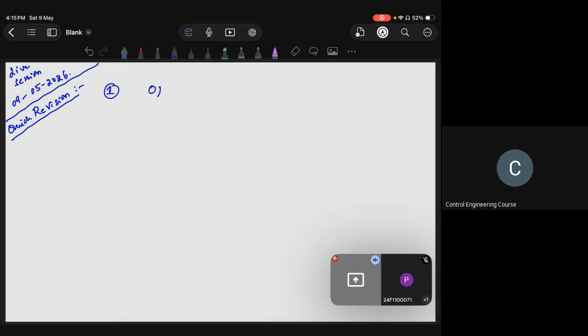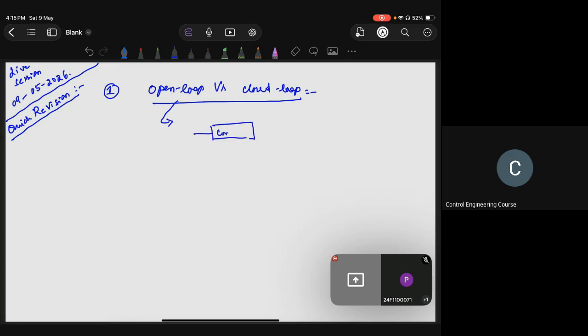So we'll start with open loop versus closed loop systems. Basically, what is the difference between open loop and closed loop? In the open loop, we have a controller and a reference input.